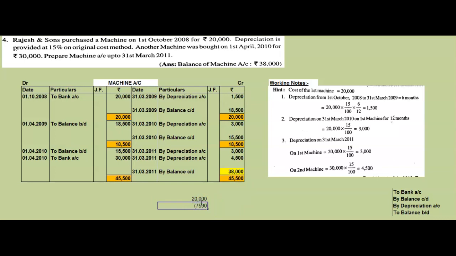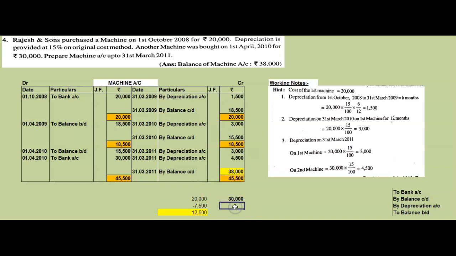If you take it in brackets, you get the decreased value of the first machine. The value of our first machine is 12,500.